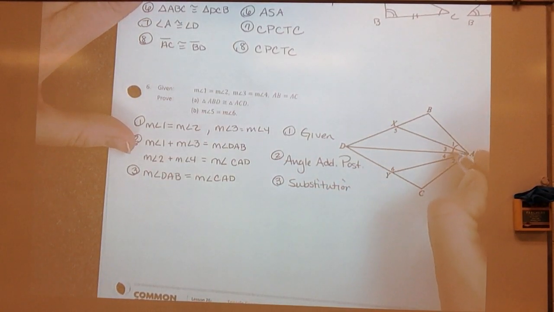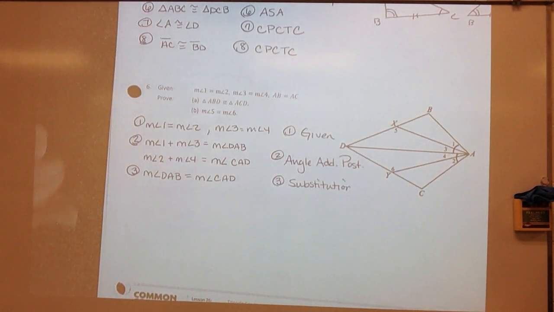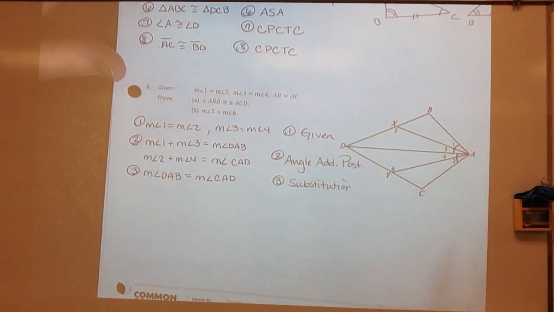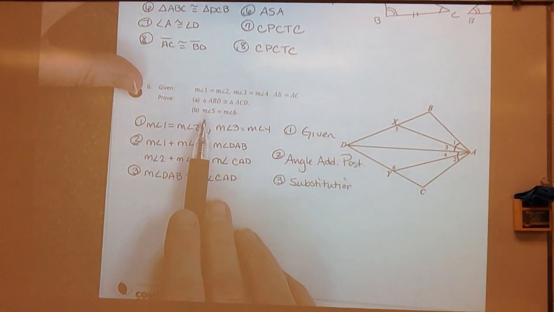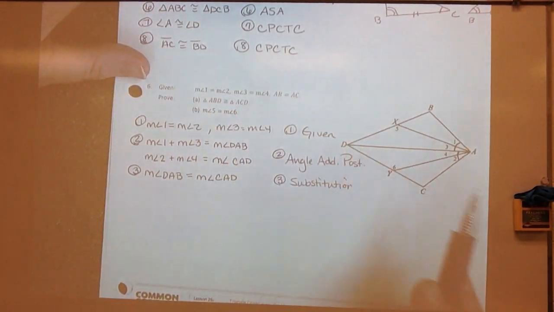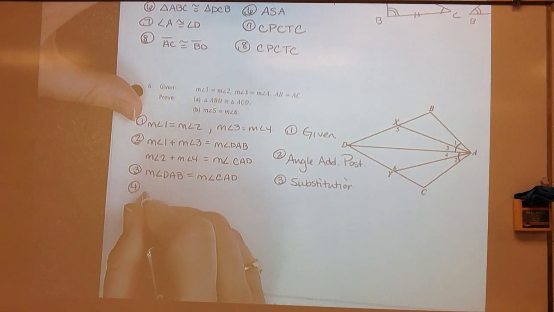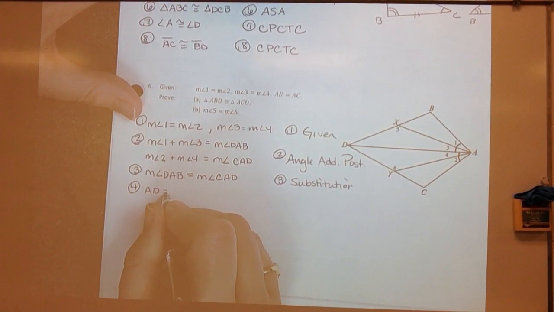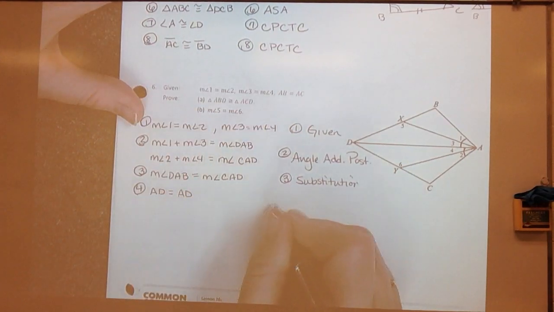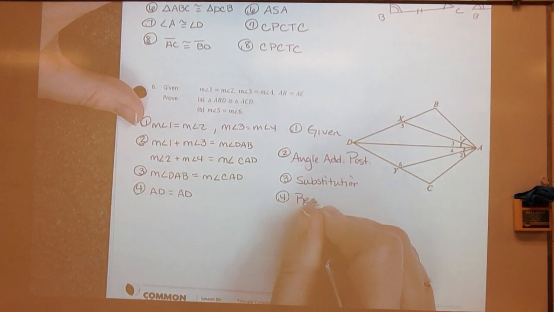So now I know that this angle is equal to this angle, by angle addition, or by the substitution property of equality. Now, let's look at this. My two triangles share a side. They share AD. So AD is equal to AD by the reflexive property.